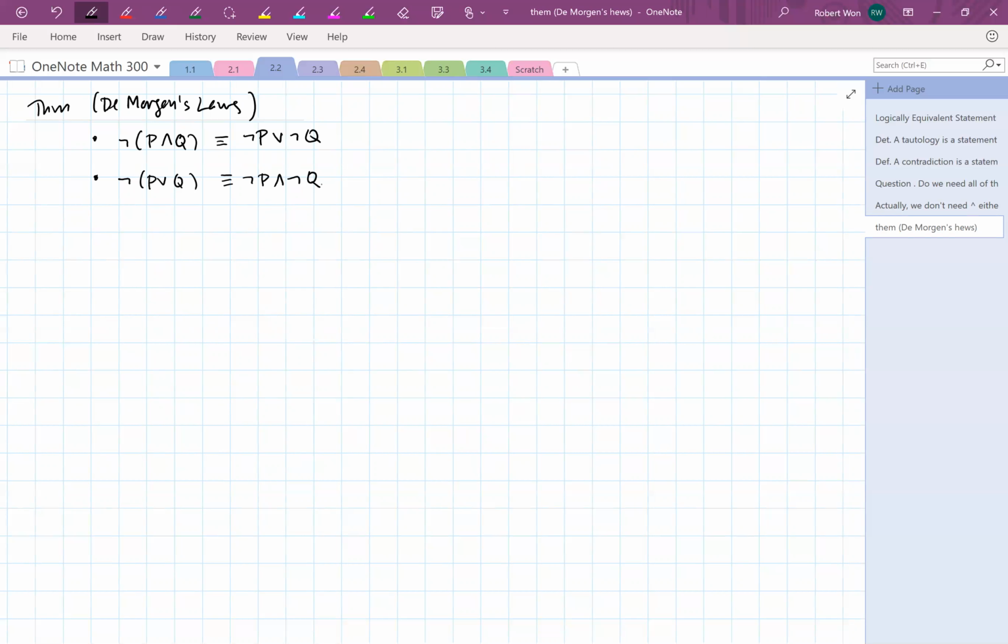Again, you can intuitively grasp this, but the best thing to do is to look at an example. By the way, you can prove this just using a truth table. Maybe I'll make this an exercise on your homework.